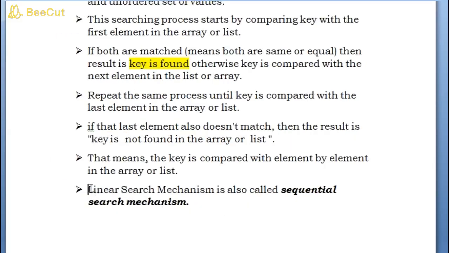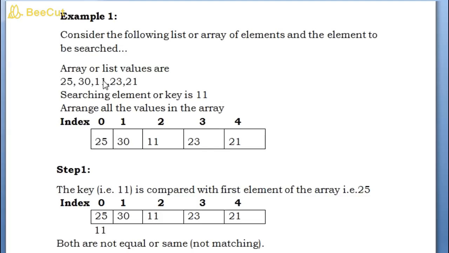That's why the linear search mechanism is also called sequential search mechanism. Now we try to understand the linear search mechanism by looking at an example. Look at this example 1.